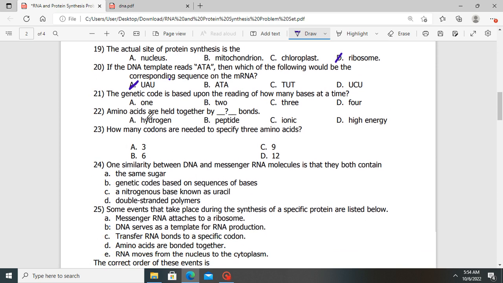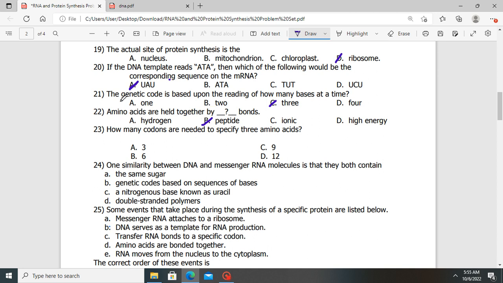21. The genetic code is based upon the reading of how many bases at a time? The genetic code is a triplet of bases that codes for one amino acid. So it is 3. 22. Amino acids are held together by which bond? The bond is called a peptide bond, or in some cases an amide bond.